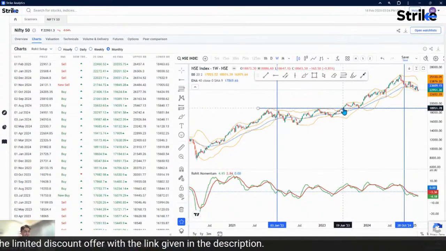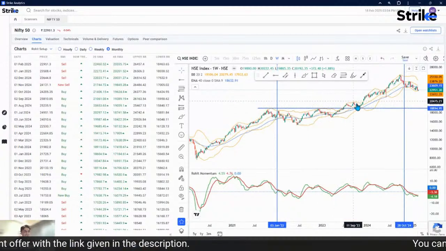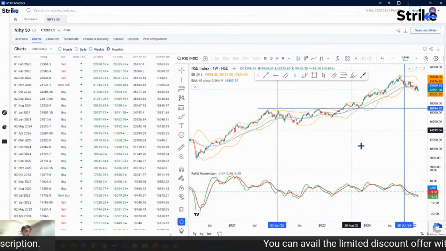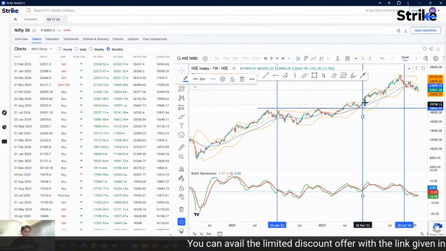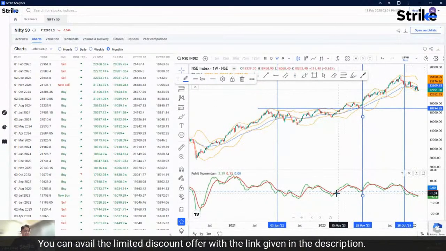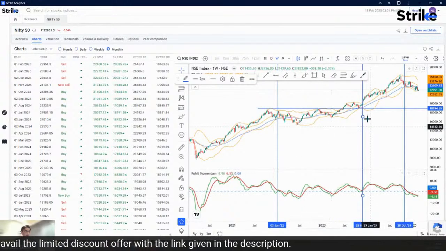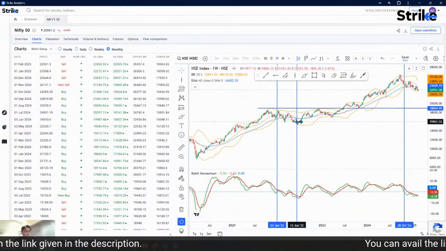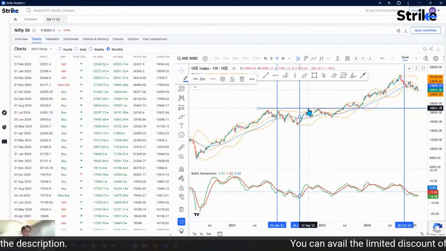Only after this particular top was breached, this new buy signal over here on the weekly time frame chart was the time to take it, and ignore all these buys where Nifty did go up a little bit but did not last longer, for a short term.